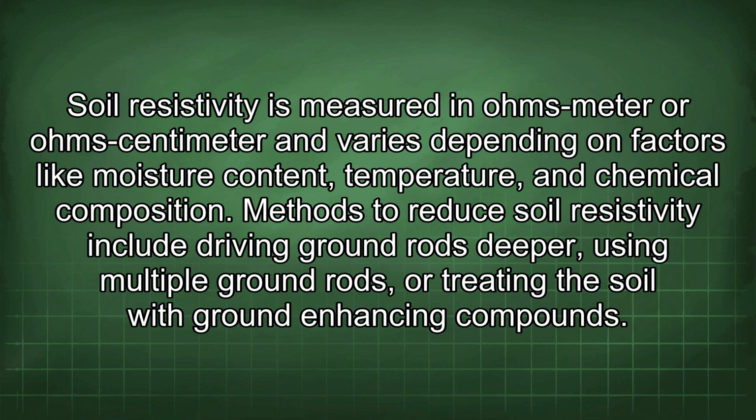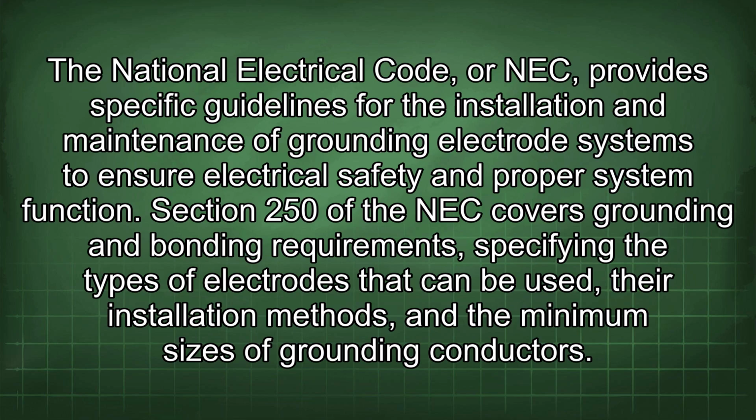with ground-enhancing compounds. The National Electrical Code, or NEC, provides specific guidelines for the installation and maintenance of grounding electrode systems to ensure electrical safety and proper system function. Section 250 of the NEC covers grounding and bonding requirements, specifying the types of electrodes that can be used, their installation methods, and the minimum sizes of grounding conductors.